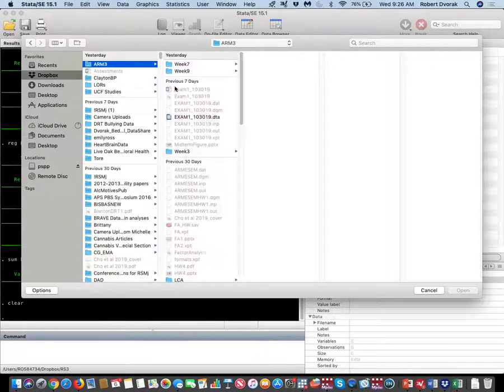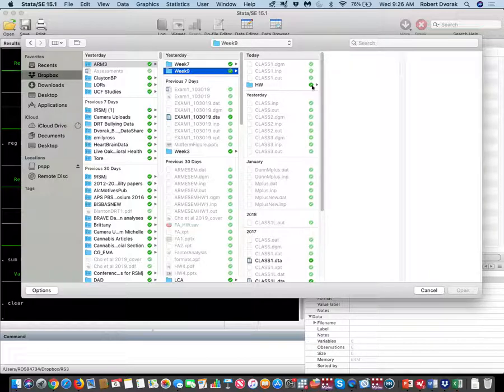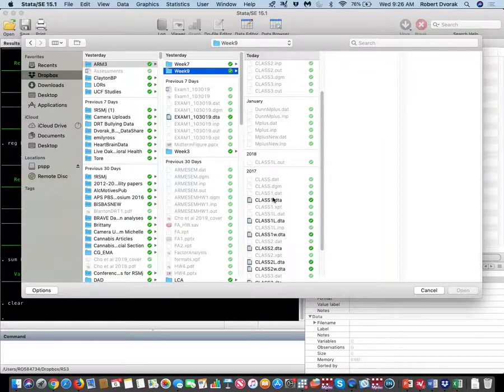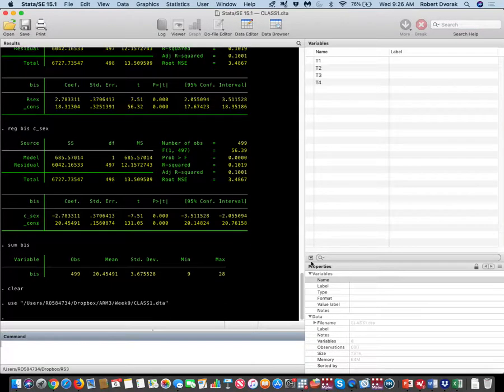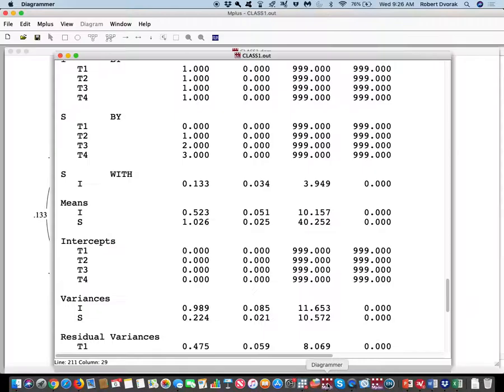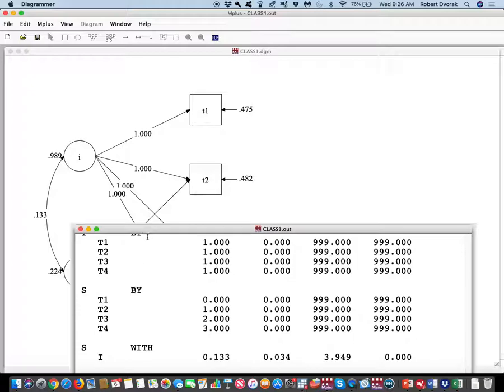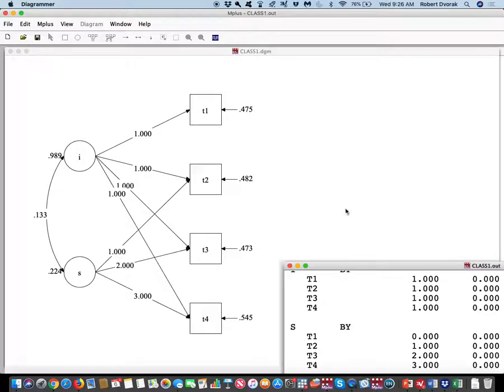Arm 3, week 9, class 1. Let's go. So our intercept right now is set to what? If we look at it, it is 0.523, and that should be what, based on our model and based on what I was just telling you about?